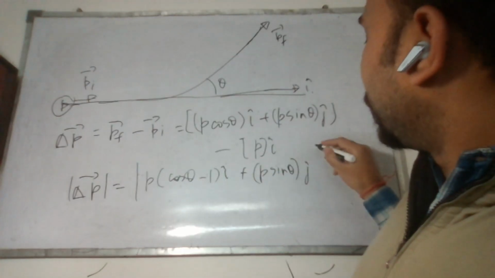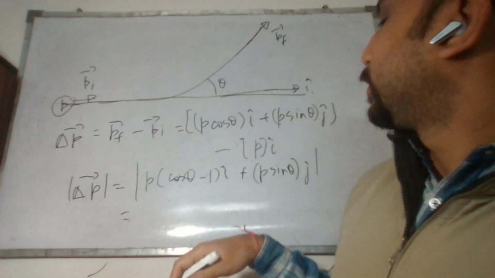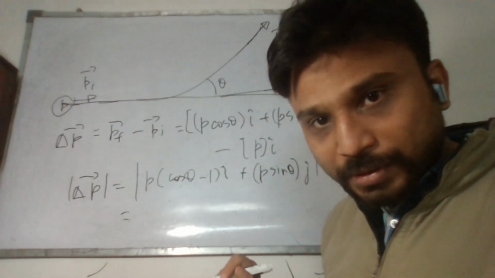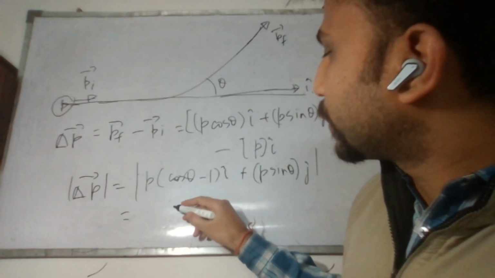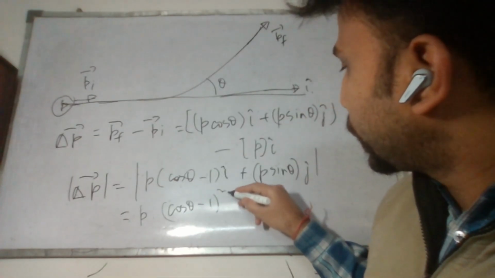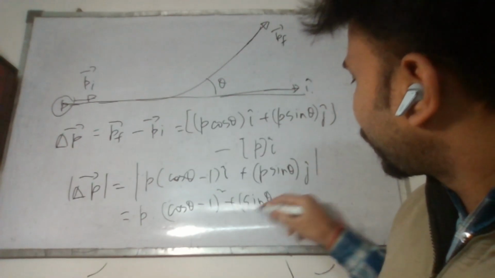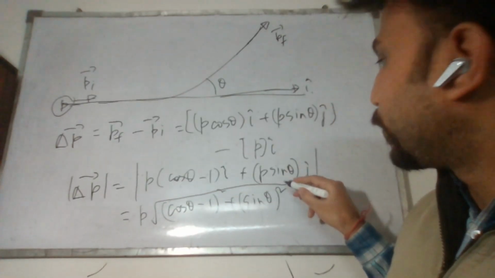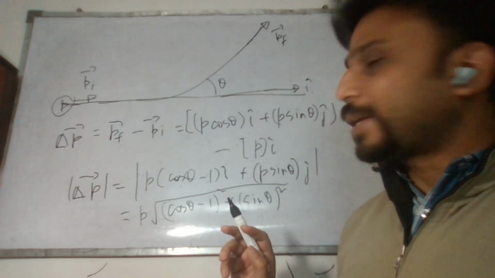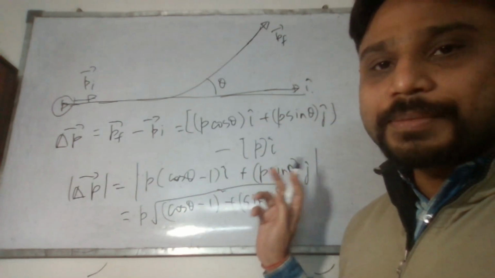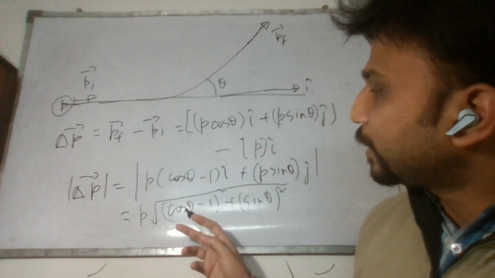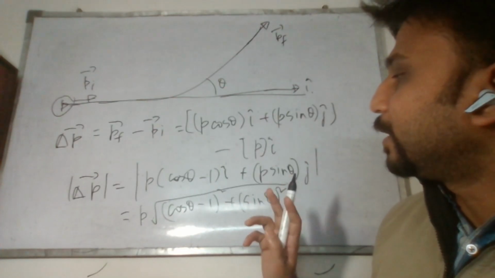If we calculate the magnitude of this whole thing, after calculation it would be P outside, times the square root of (cos theta minus 1) whole square plus sin theta whole square. Do you know which formula we are using? We are using the square root of a square plus b square. If I have the vector a i cap plus b j cap, its magnitude is the square root of a square plus b square.